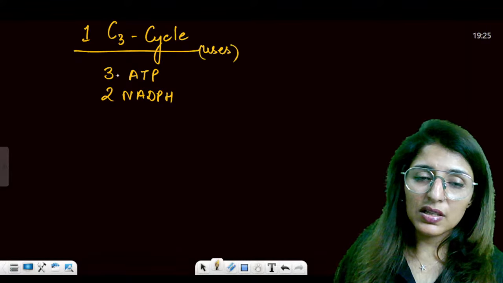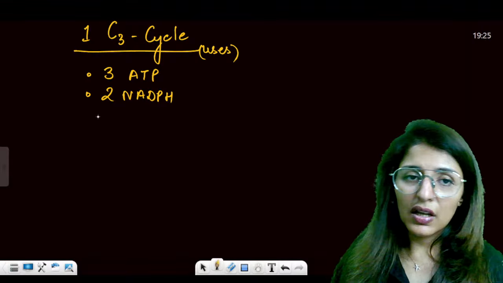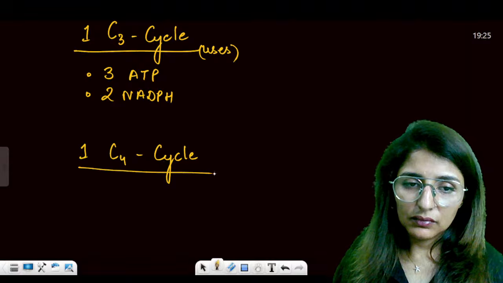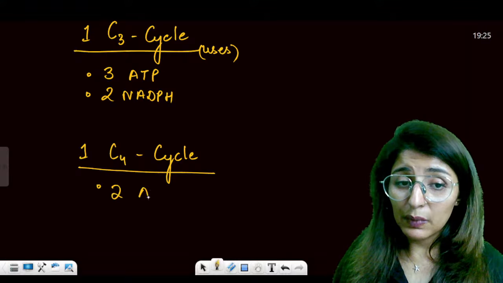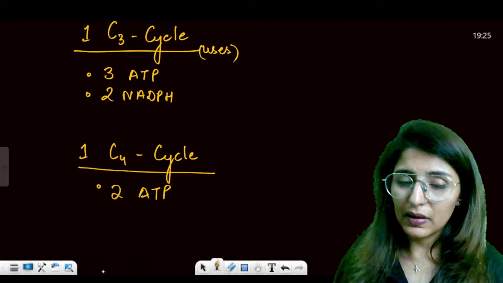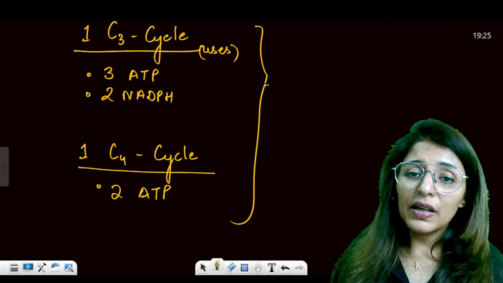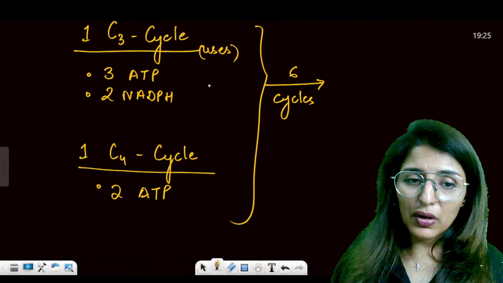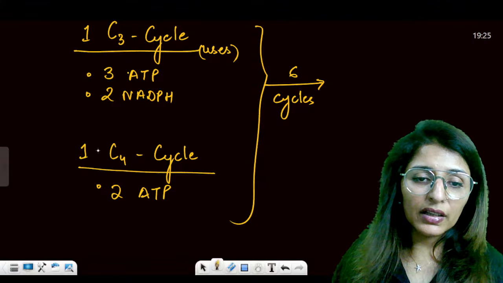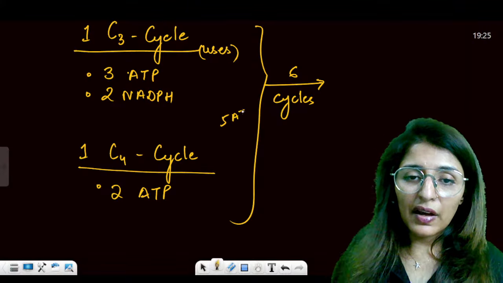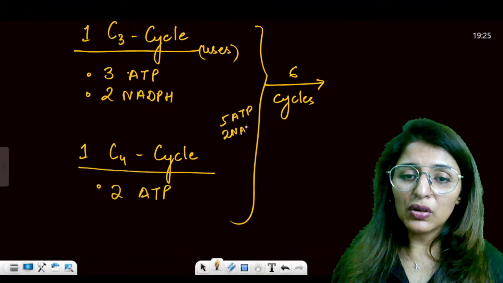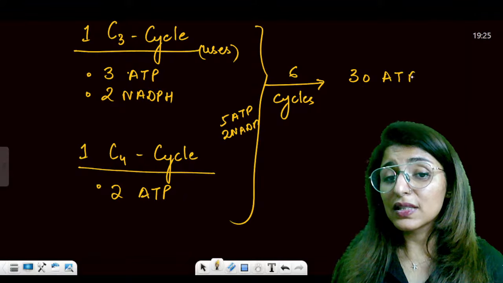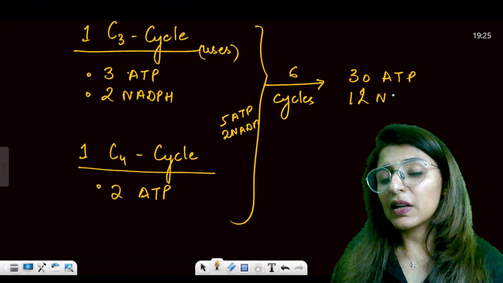One C3 cycle uses 3 ATP and 2 NADPH, and one C4 cycle was using how many? 2 ATP molecules during regeneration of PEP. Yes. So how many will 6 cycles of C3 and C4 use? So in all, 2 and 3, 5 ATP and 2 NADPH were used. So 6 cycles will utilize how many? 30 ATP molecules and 12 NADPH.